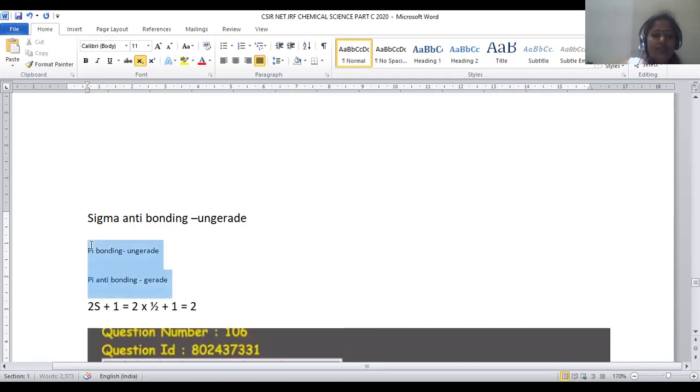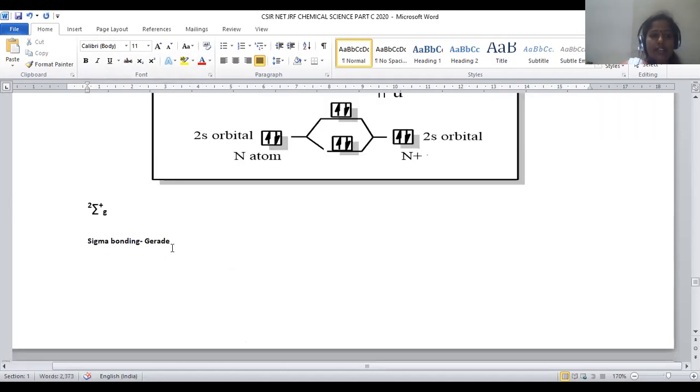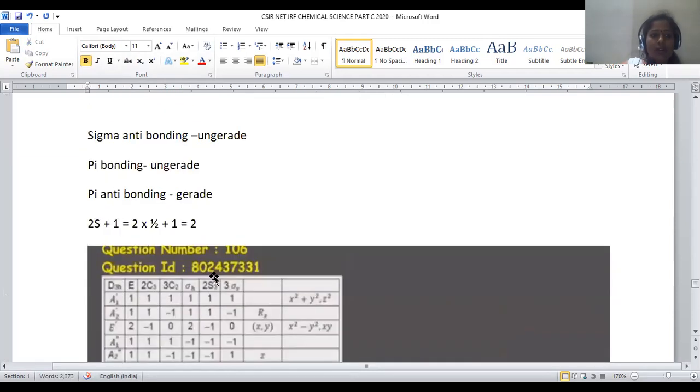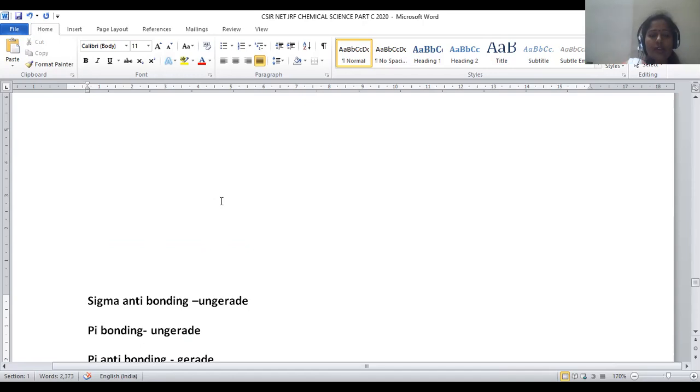This is the description for gerade and ungerade. Sigma bonding is said to be gerade orbital. Next, sigma antibonding is called ungerade orbital, pi bonding is ungerade, pi antibonding is called gerade orbital.